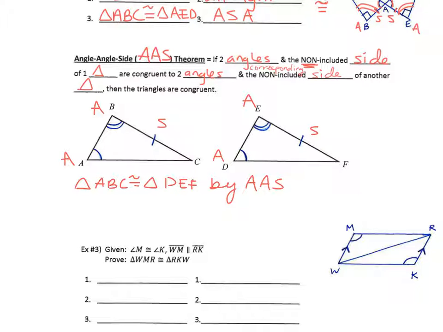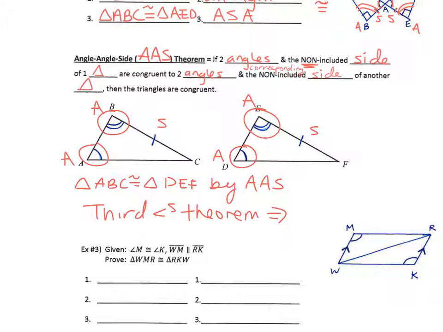Here's the beauty of ASA and AAS. We could have done this in the last theorem too, every time. You have two angles here that are congruent to two angles here. So what else do we know about these two triangles is the same? The third angle, right? The third angles theorem, because we could use it here, it could actually lead us to ASA, because we would know that these two angles are congruent.